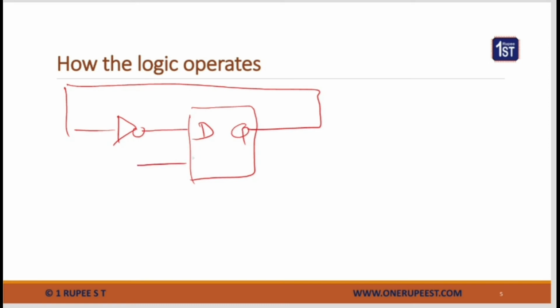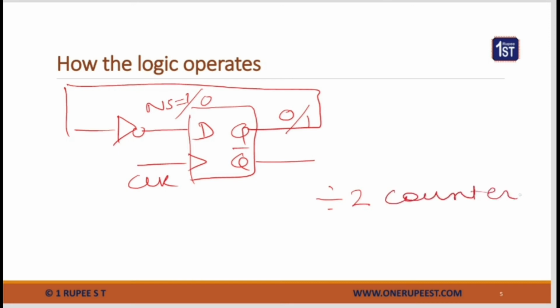This is Q. This is clock, Q bar. So if present state is 0, next state is equal to 1. If present state is 1, next state is equal to 0. So this is very interesting. What it will do is create a divide by 2 counter, or you can say a toggle flip-flop.